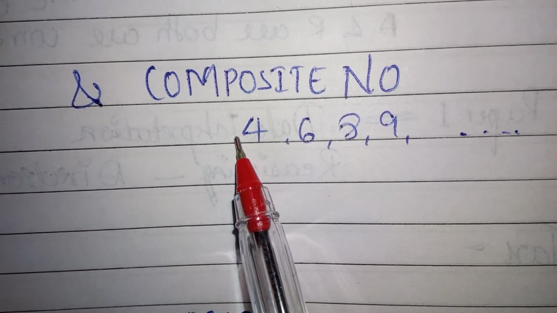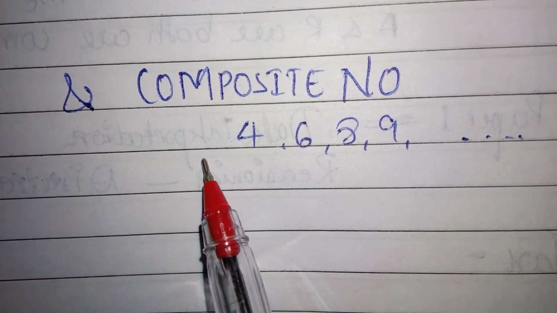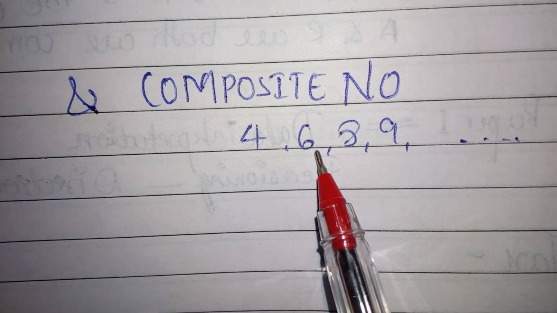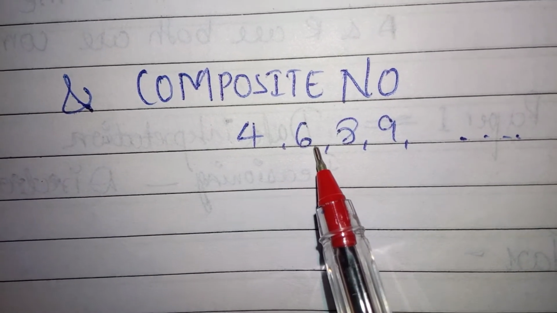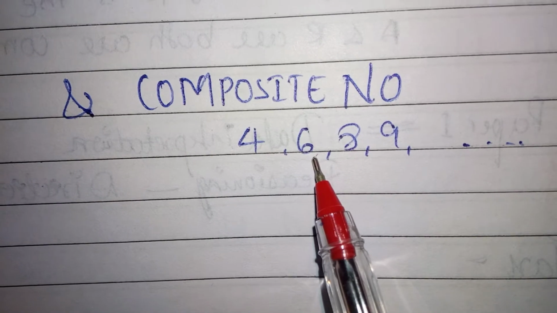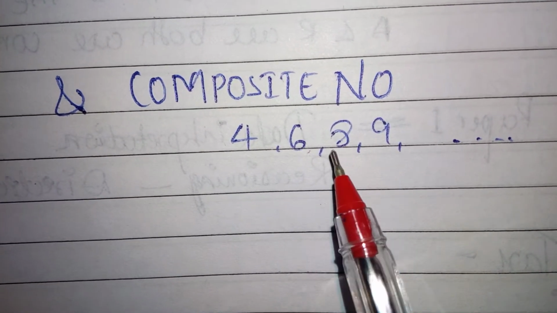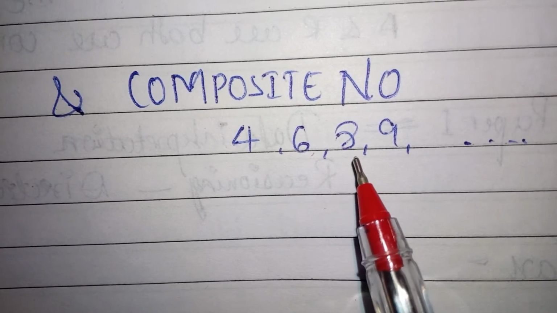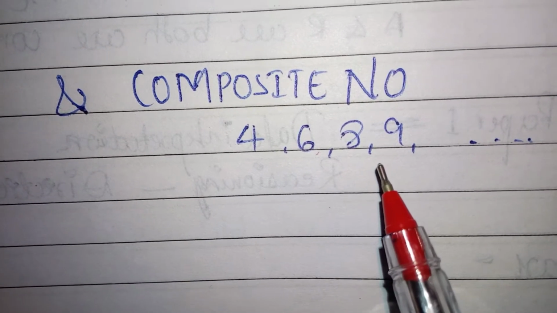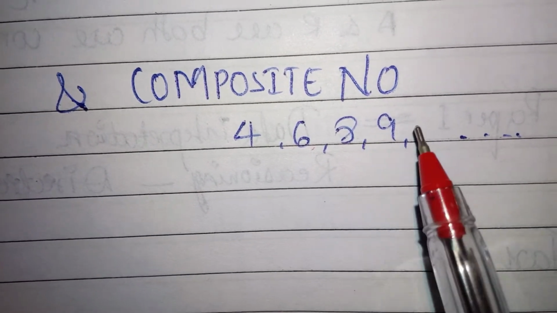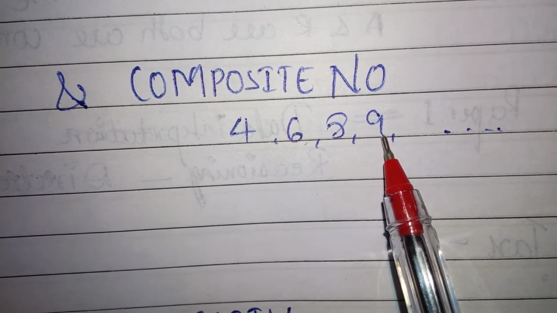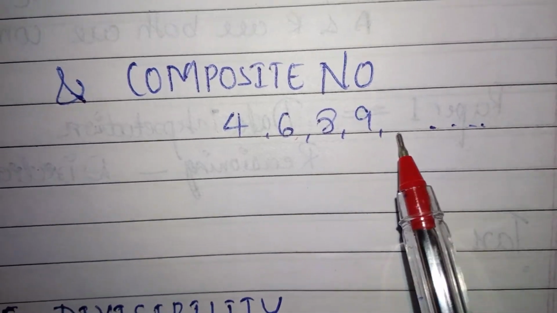For example, 4 can be made by 2 into 2 and 4 into 1. 8 can be made by 2 into 4, 4 into 2 and 8 into 1. And 9, 3 into 3 is 9 and 9 ones are 9, and so on.